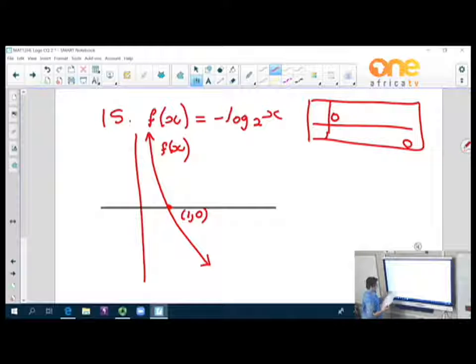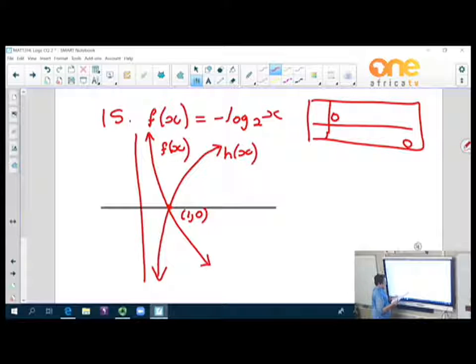Then they ask you to sketch the graph of y is equal to h(x) on the same diagram that was drawn for you. h is now the reflection. Now that's fairly easy to draw if it's the reflection. So this one will look like this. So this one is then h(x). You can label this one as h(x) there.